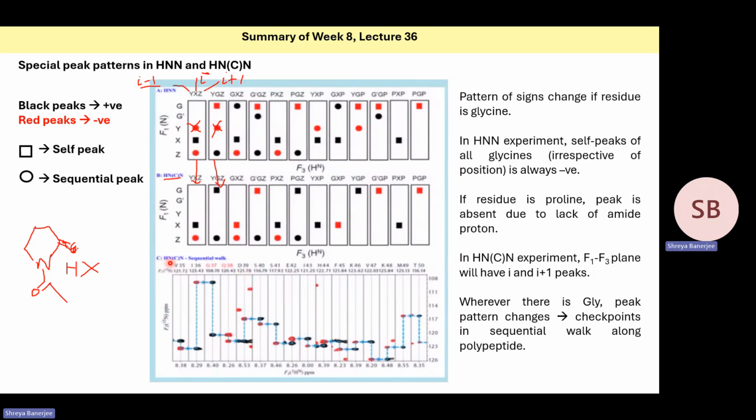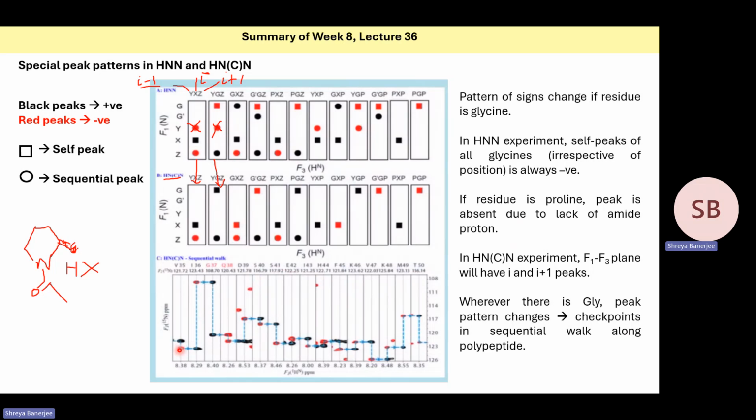This is the HNCN spectra. In HNCN spectra, each residue will have a self peak that is positive and a cross peak that is negative. So it will have one black and one red peak. So valine, you can see, has one black self peak and one red cross peak.